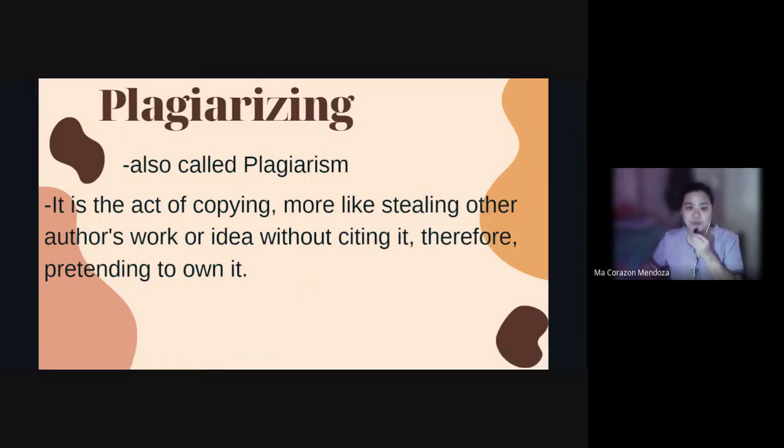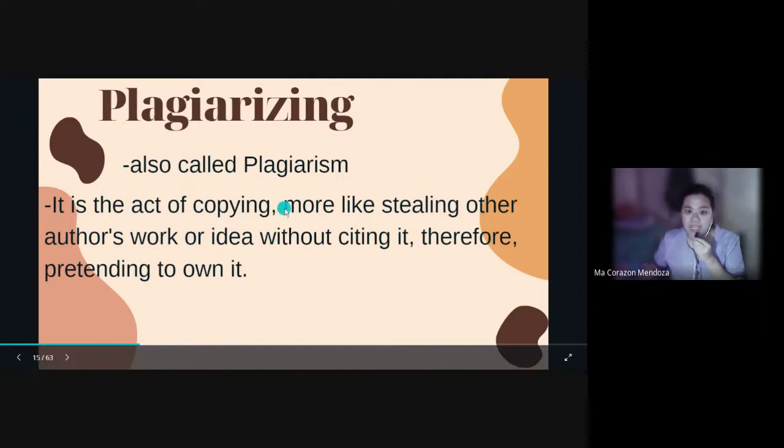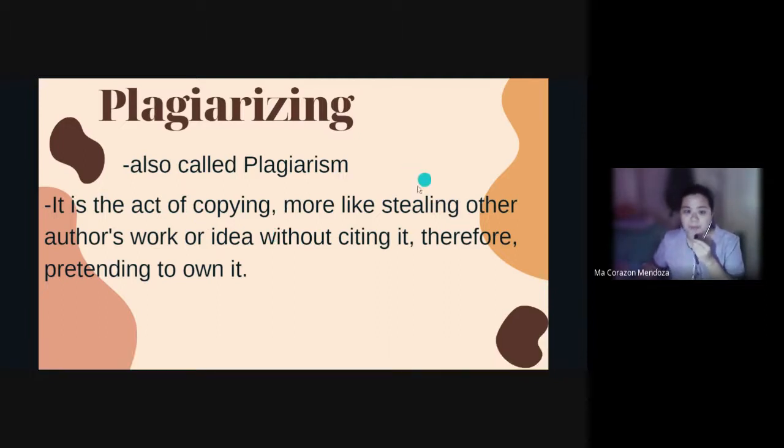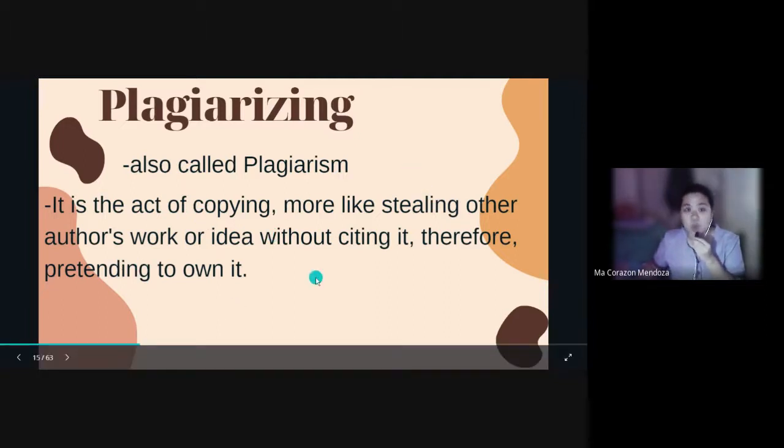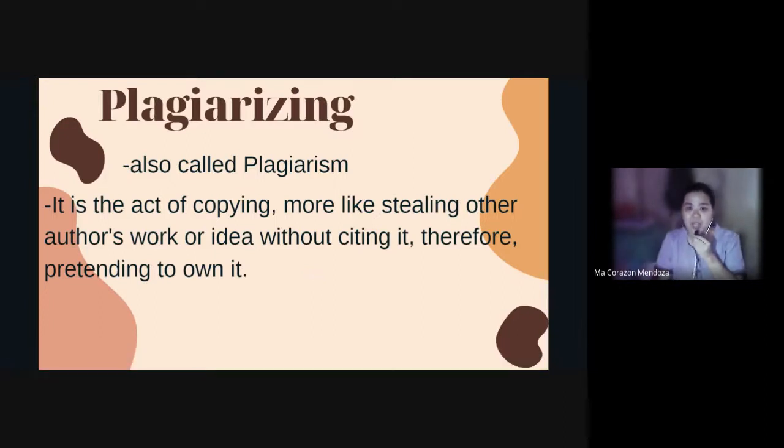Okay, thank you for reading that. So, here I want you to look at the keywords: copying, stealing, pretending to own it. So, plagiarizing is a crime when it comes to education.